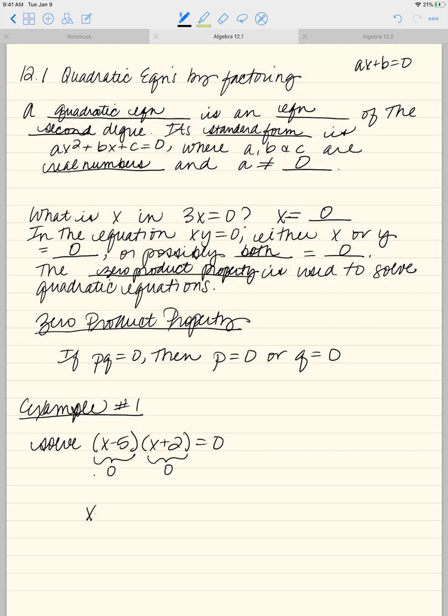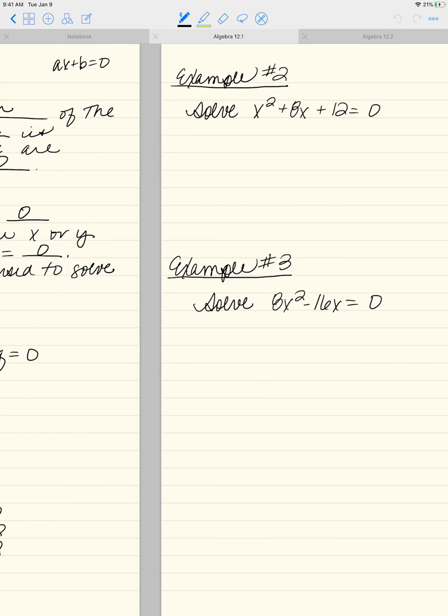So we know x minus 5 is equal to 0, or x plus 2 is equal to 0. So over here, add 5, over here, subtract 2. So x is either 5 or x is negative 2. So x is equal to 5 or negative 2. That's the solution set for that.